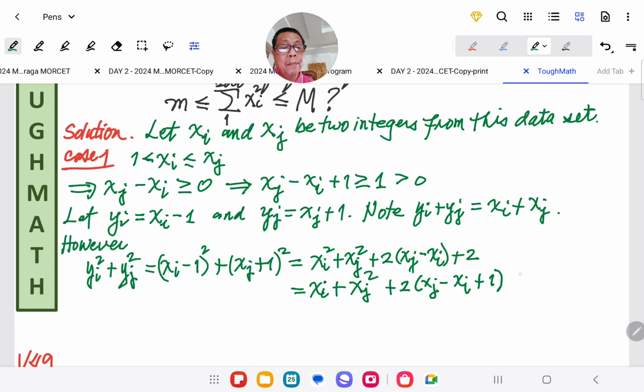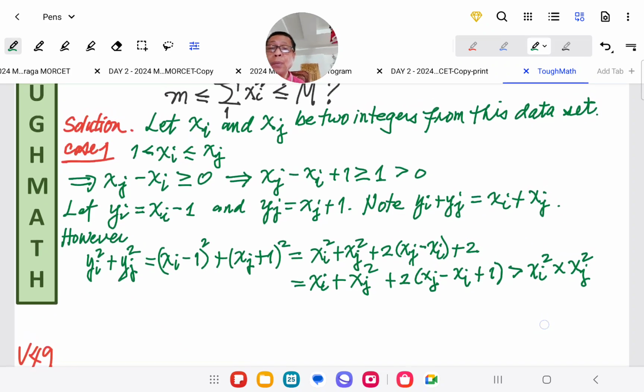And since x sub j minus x sub i plus 1 is greater than or equal to 1, then the whole expression is greater than x sub i squared plus x sub j squared. So although the sum of the new values is the same as the sum of the original values, the sum of squares now decreases.